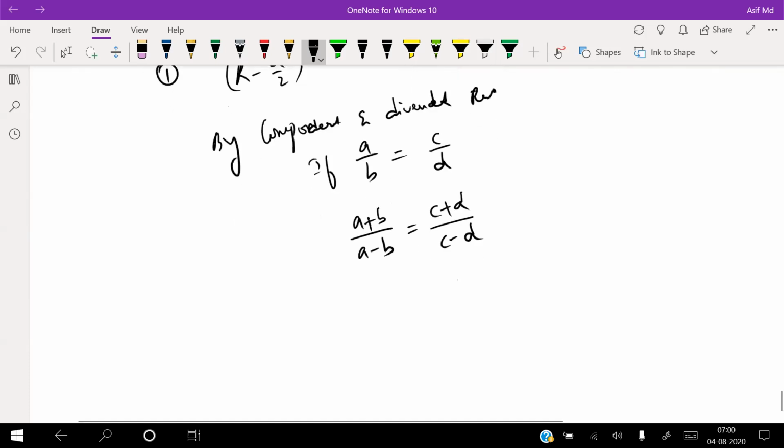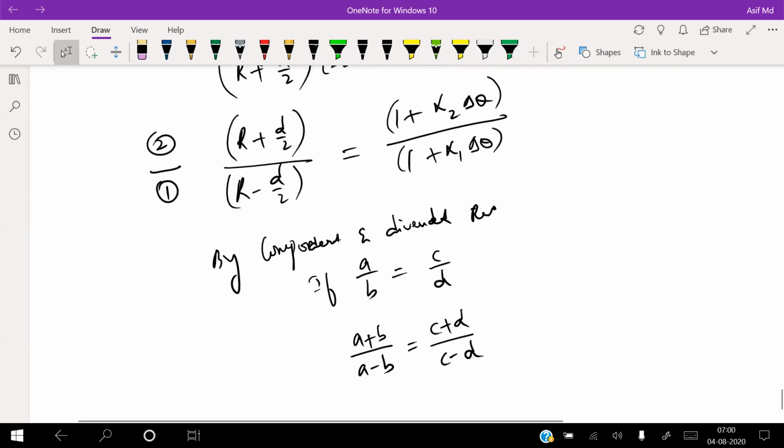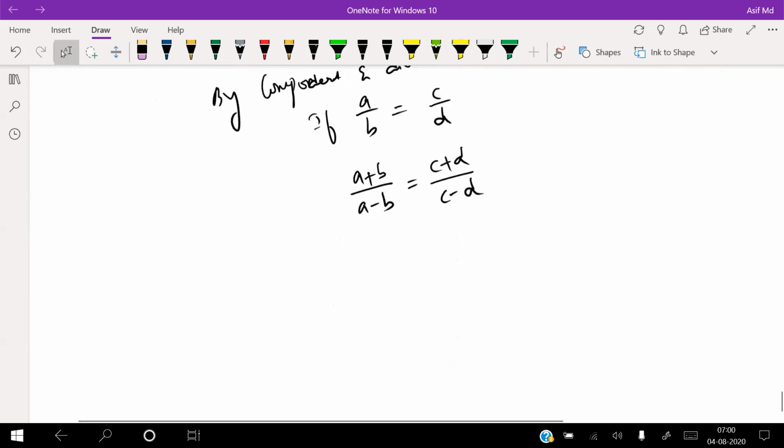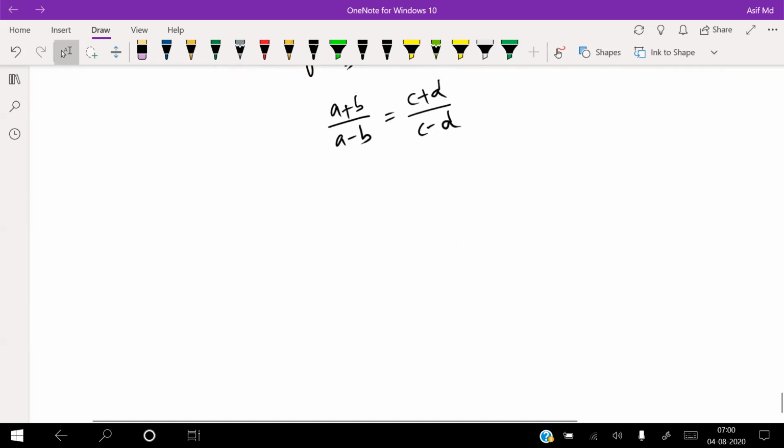So R plus D by 2 divided by R minus D by 2 is equal to 1 plus alpha 2 delta theta divided by 1 plus alpha 1 into delta theta. I'm doing the calculation in detail for your understanding, though it is not strictly required.